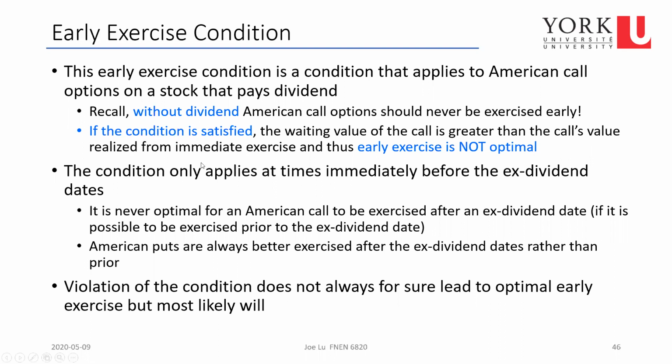But the reverse is not necessarily true, because if the condition is violated, we cannot say that it's for sure optimal to exercise the American call. But if the condition is significantly violated, then it's probably true that we should exercise the American call earlier. If it's only slightly violated, then it may not necessarily be optimal to exercise early.